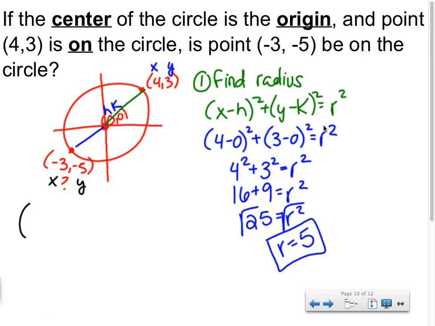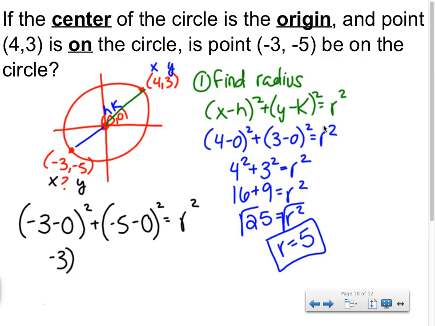Okay, so I'm going to plug in my equation. -3 minus h squared plus -5 minus my center squared equals my r squared. If I simplify that, you would get -3 squared plus a -5 squared equals r squared. Now again, -3 times a -3 is a positive 9, so when you square something, you always get a positive number. Plus 25 equals r squared.